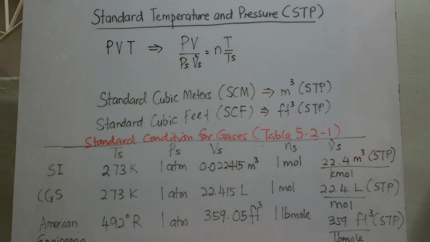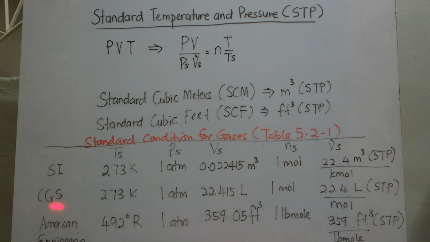To get this, just divide your volume by your number of moles at this condition, then you'll get 22.4. But you see, this is 1 mole, and this is kmol. So if you change it into kmol, then you'll get 22.4.